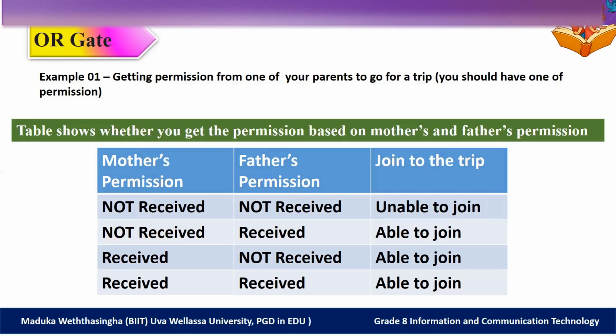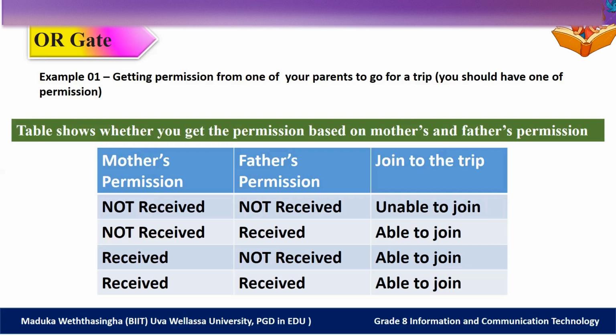You have to get the permission from one of your parents, not from both. It may be you will receive mother's permission, but your father doesn't like it, but you can go because you have one permission, right? You should have at least one permission.